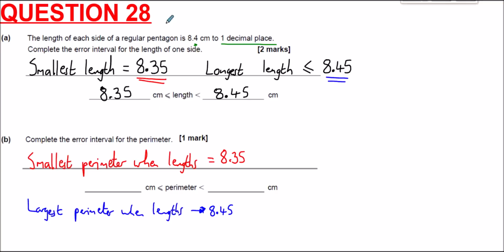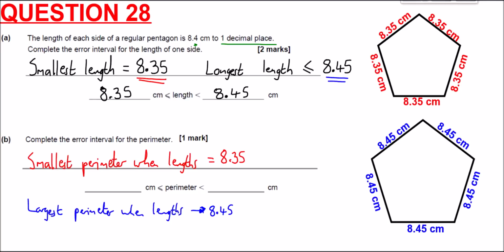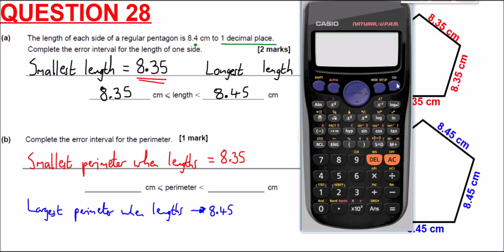Now it says here it's a pentagon. Just in case you forgot what a pentagon is, I've got some drawn here for you. A pentagon is a 5-sided shape. So the smallest possible perimeter, if each side was 8.35, the total perimeter would be 8.35 multiplied by 5. 8.35 multiplied by 5 would be 41.75.